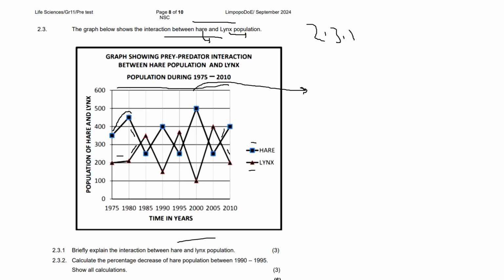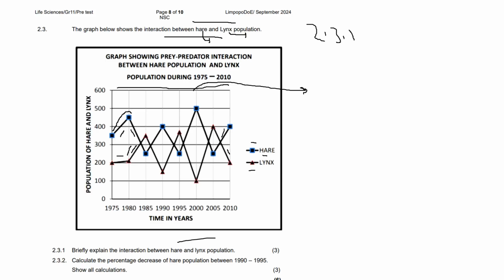As you can see on this graph, at the beginning we've got the hare being high, and then the lynx will start increasing at some point. So my first point here will be that initially we had a high number of hare population, based on the graph.